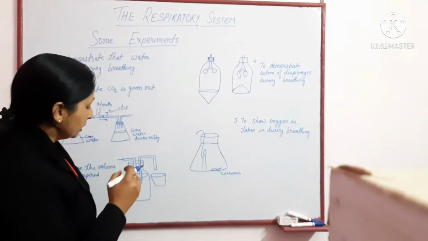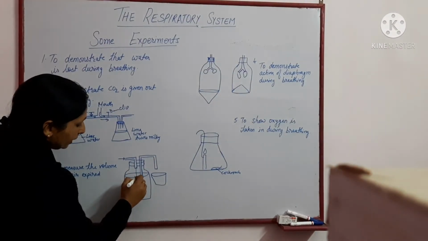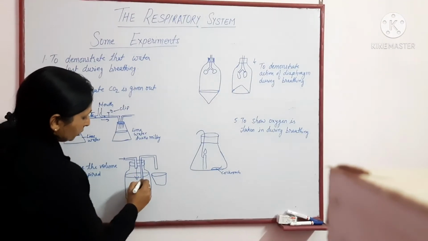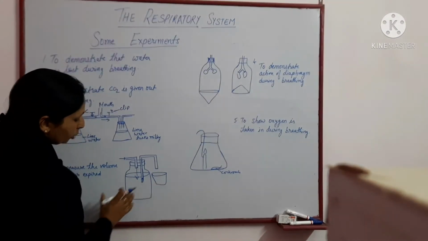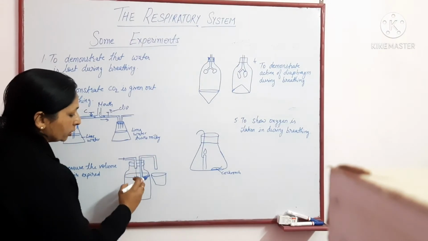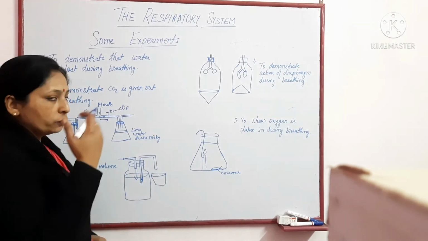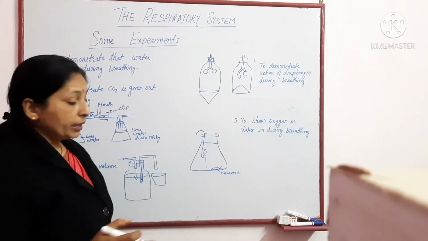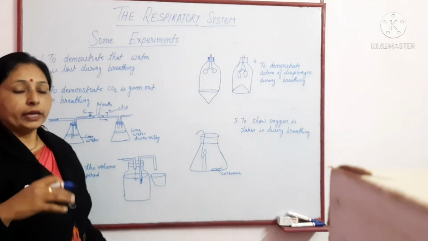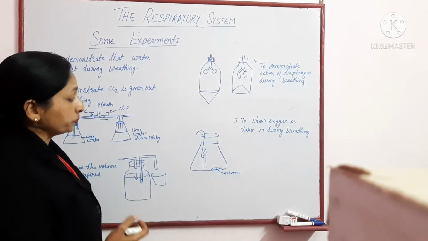After forcible exhalation, the air entering this bottle, which is filled with water, pushes the water through this tube into this container. So the amount of water coming out of this tube shows the volume of air exhaled or breathed out.